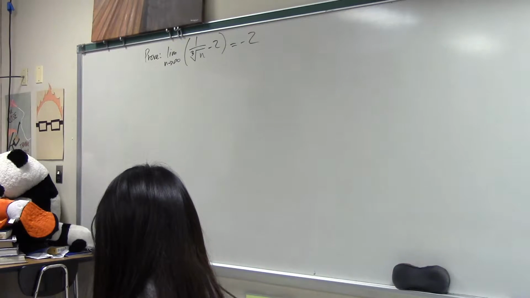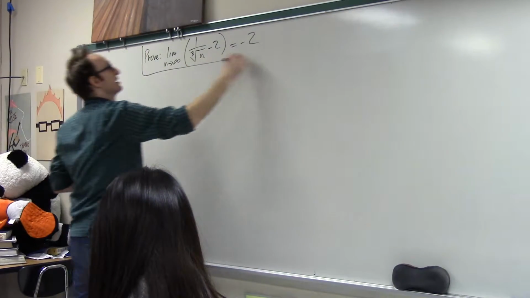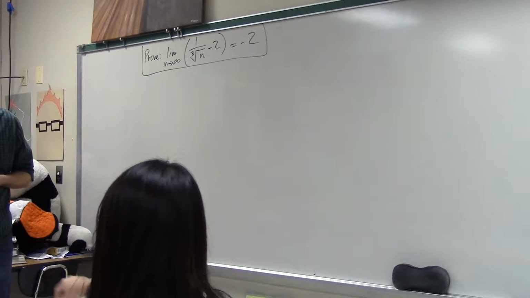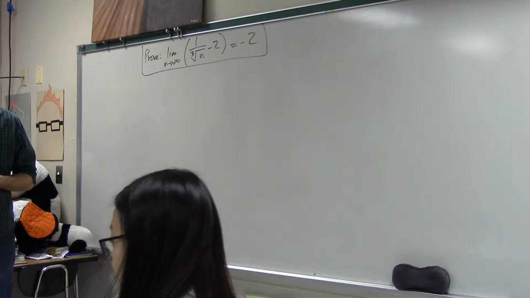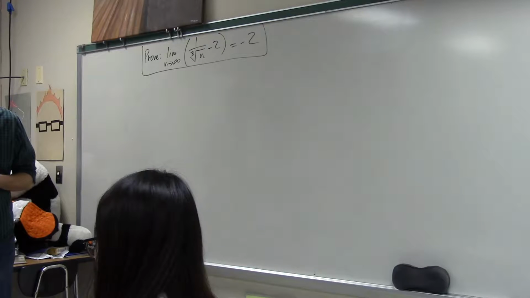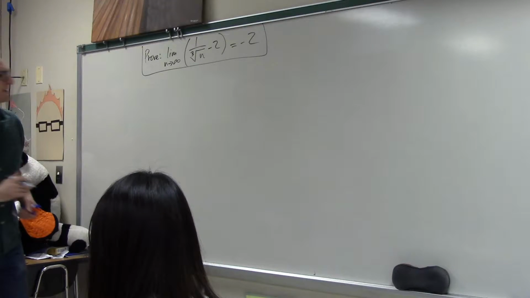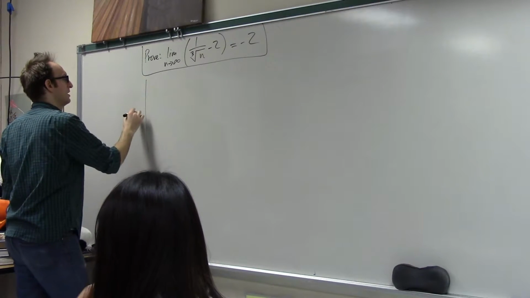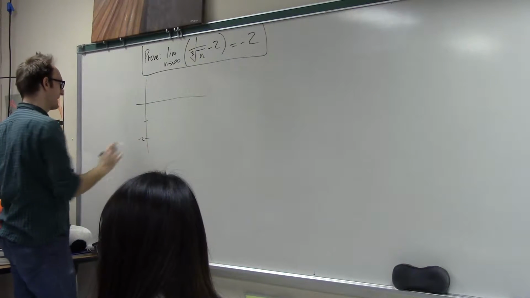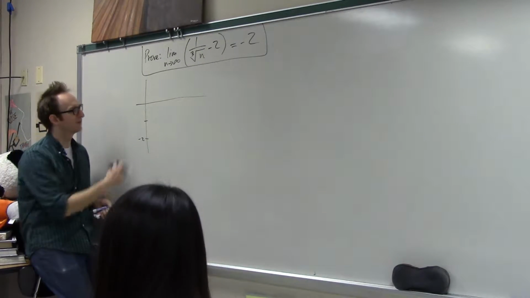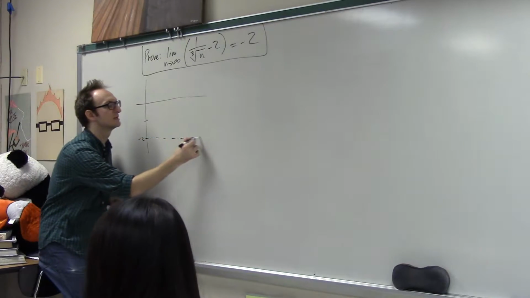Okay, how can we do this? Well, first let's make a picture. So here's like the picture maybe. Here's negative 2. And I think that the limit is negative 2.